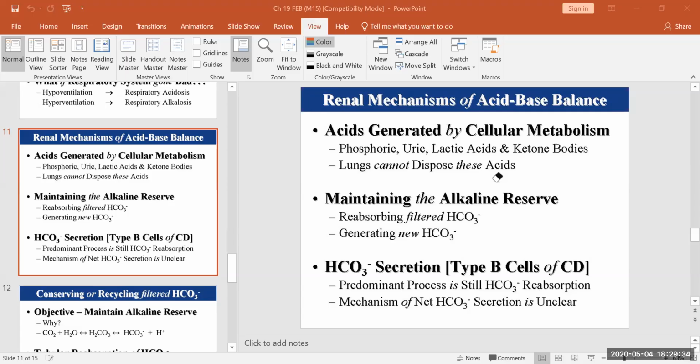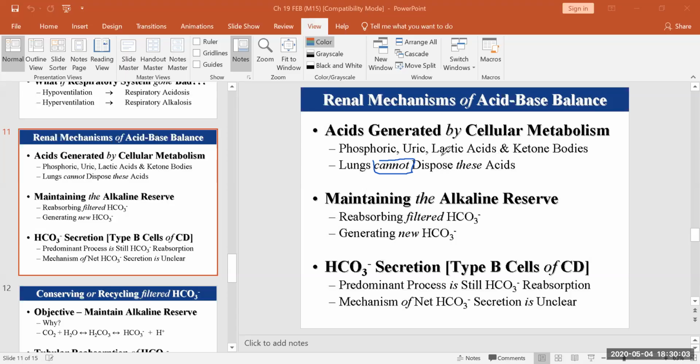Metabolic acids are generated by cells, or acids generated by cellular metabolism. You have phosphoric acid, uric acid, lactic acid, ketone bodies. Lungs, again, cannot dispose of these acids. Chemical buffers cannot dispose of these acids. Only the kidneys can, okay?